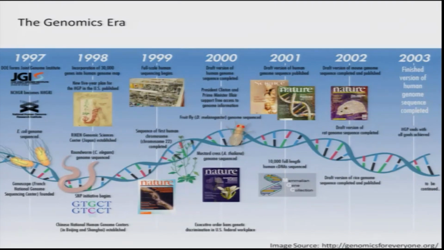For example, the C. elegans genome sequence was initiated, and they also developed other ways. For example, it is not only the sequence that helps us, we need to understand what is the variation between two individuals, or the ones that are healthy and not healthy.